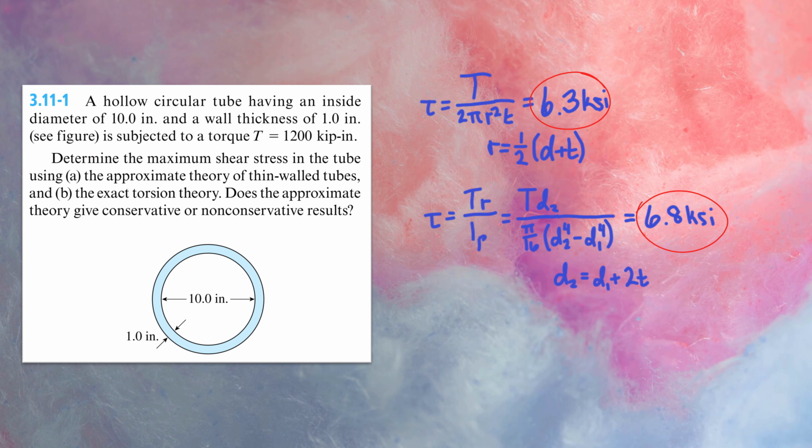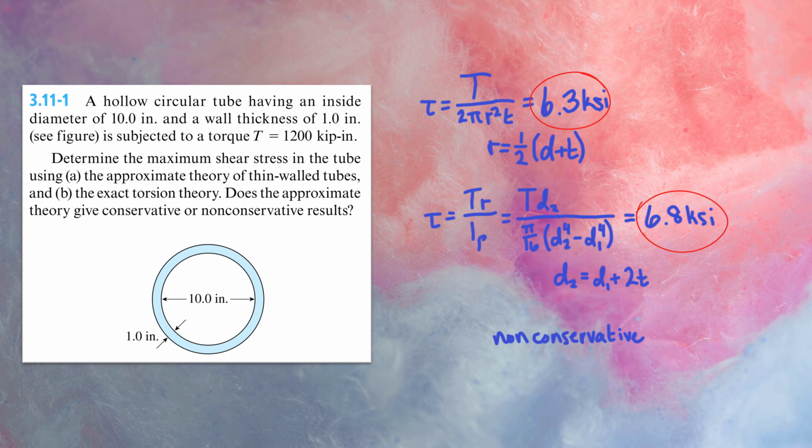So 6.3 KSI is less than 6.8 KSI, which means if we were to believe the approximate theory, we would say it is non-conservative. We would say that if we put some torque on it, this torque will only create 6.3 KSI of shear stress in our element, when the truth is that it actually will create 6.8 KSI.